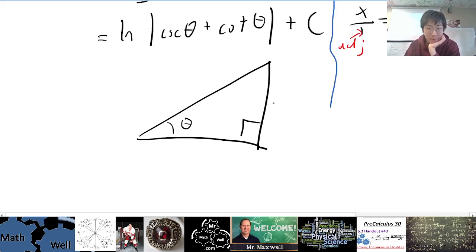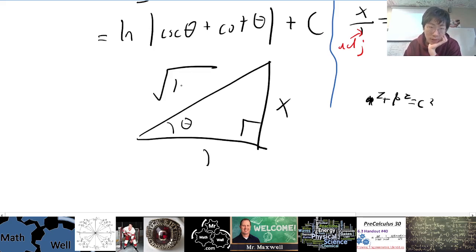All right, so back to the thing. This is our opposite side here, so x is going to go here. This side is our adjacent, so 1 is going to go here. And now by the Pythagorean theorem, a squared plus b squared equals c squared. So this c side is going to be root a squared plus b squared, which in this case is root 1 squared plus x squared. 1 squared is just 1, right?